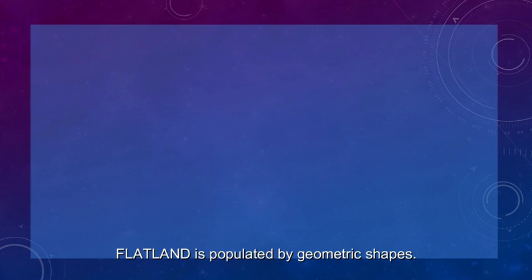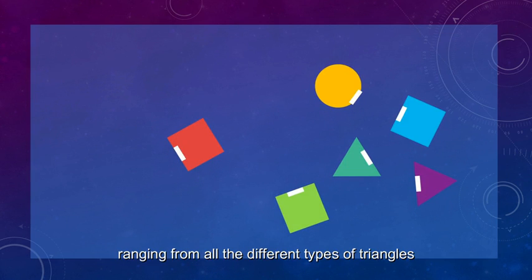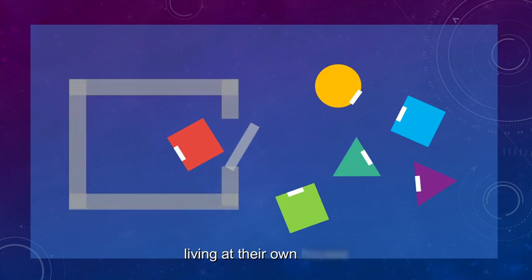Flatland is populated by geometric shapes, ranging from all the different types of triangles to squares all the way up to circles and many other shapes. These shapes are all going around their flat wall, doing their own jobs, living at their own houses, and simply living their own normal lives.